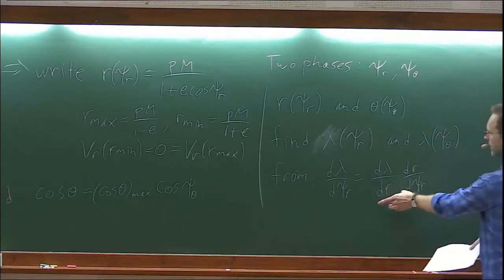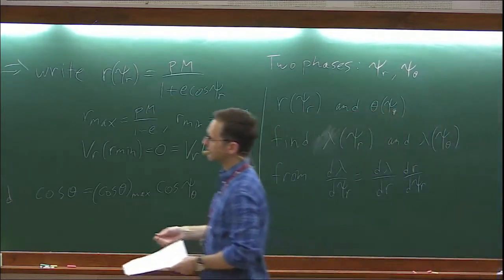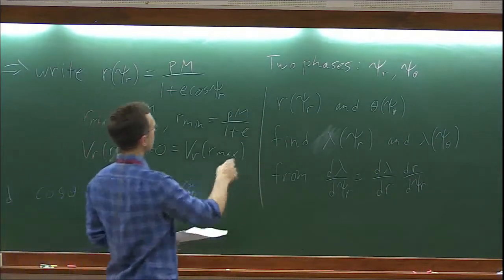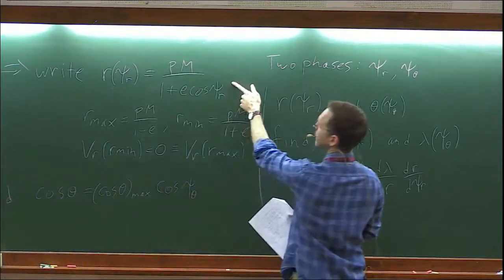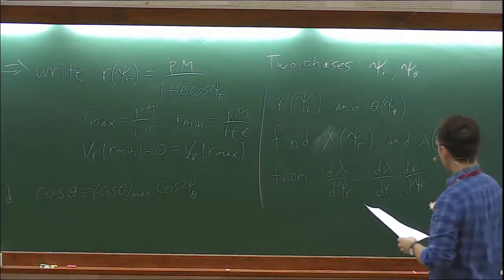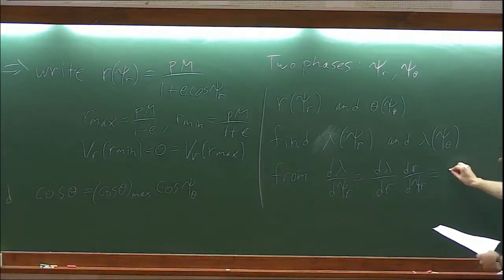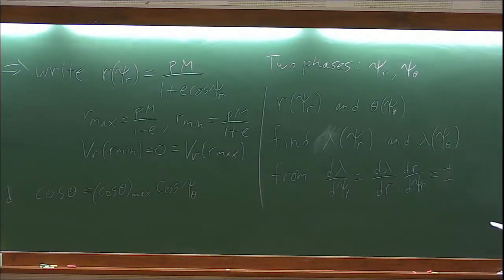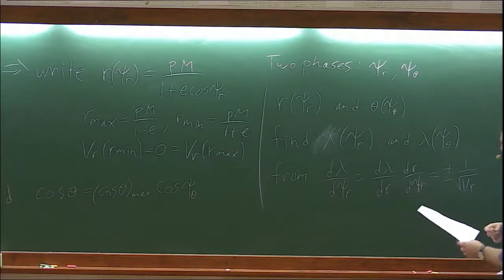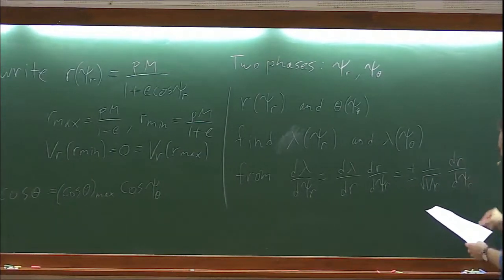So we have d lambda dr is just 1 over the square root of Vr, and dr d psi r is just the derivative of this with respect to psi r. So putting that together, because there's a square root, we have a plus or minus sign. We have 1 over square root of Vr coming from the d lambda dr, and then dr d psi r.